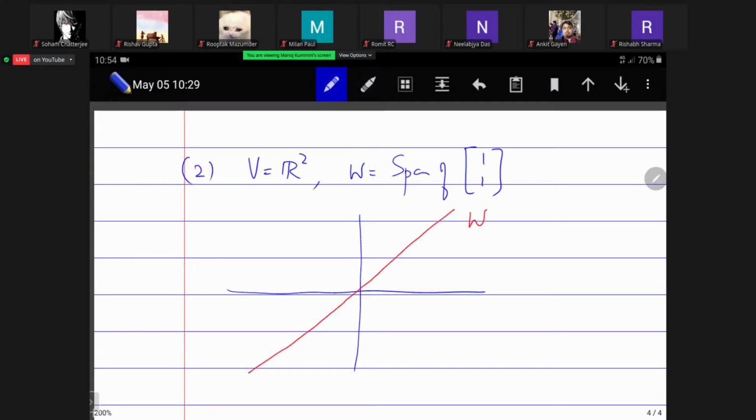Two vectors are equivalent if their difference lies in W, or in other words, the difference is a vector that points at either 45 degrees or the opposite direction.